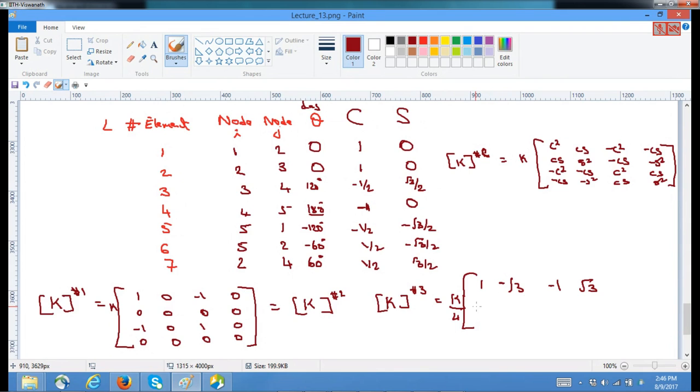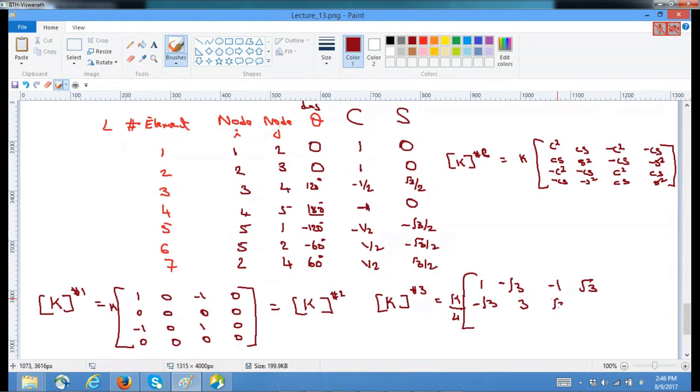Next one is minus root 3. Sine square would be root 3 times root 3, which is 3, and the next one is plus root 3 and this is minus 3.